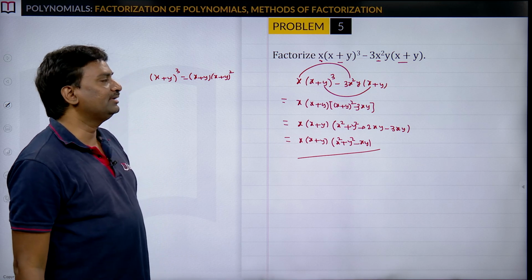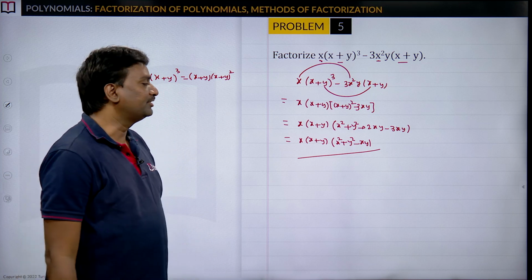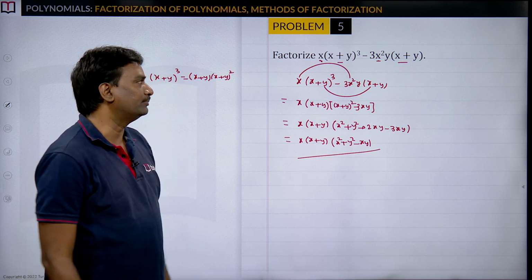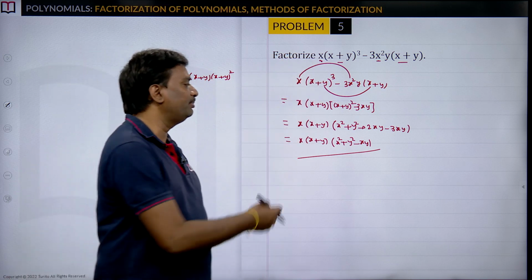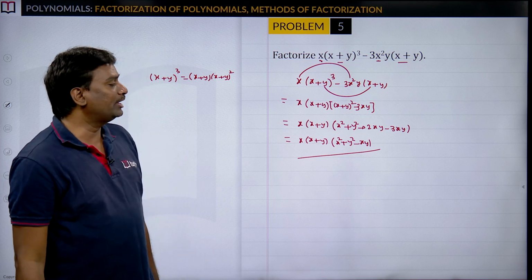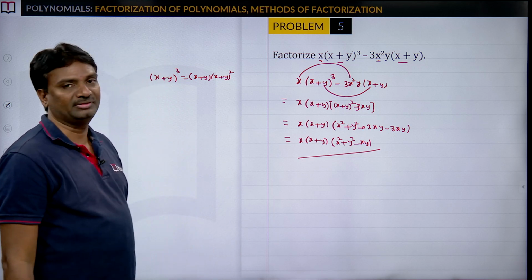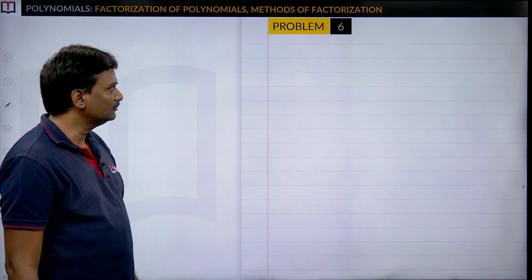So, we can express the given polynomial as the product of three polynomials: x into x plus y into x square plus y square minus xy. So, take x as common and x plus y as common. By simplifying, we got x into x plus y into x square plus y square minus xy. Hope you understood. I am going to the next problem.